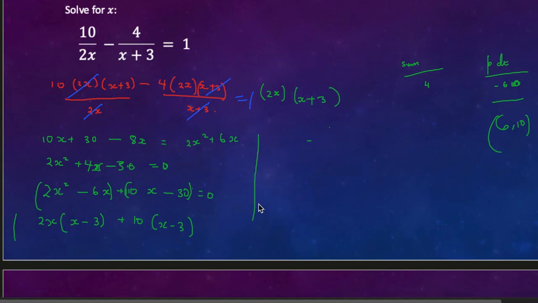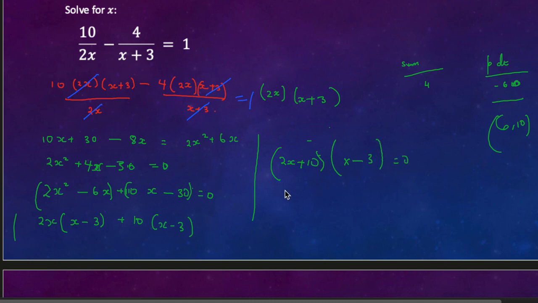So now here we shall have the numbers outside, create one block, 2x plus 10. Actually, yeah, this is correct now. And then the other pair will be x minus 3. X minus 3 equals 0.